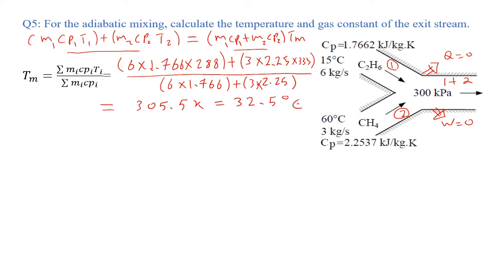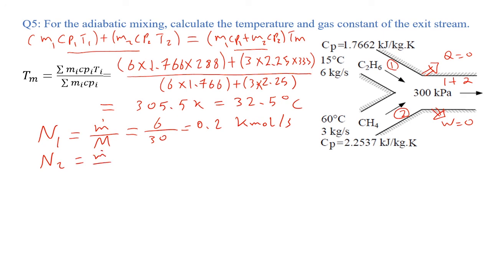Since the flow rate here is in mass, we have to calculate the flow rate in kilomole per second. So the mole flow rate for stream number 1, we calculate by dividing the mass flow rate by the molar mass. Similarly for stream number 2, the flow for the second stream is 0.18 kilomole per second.